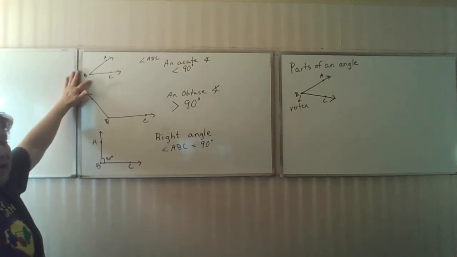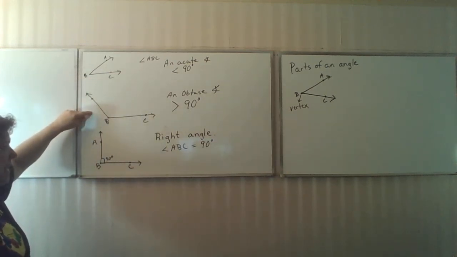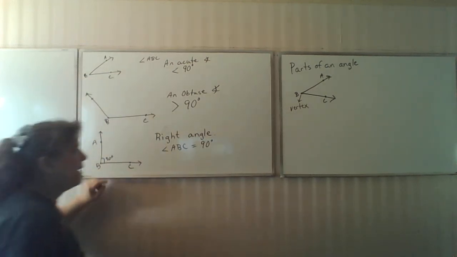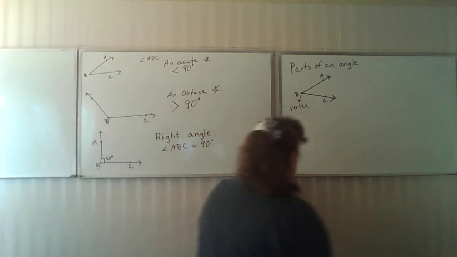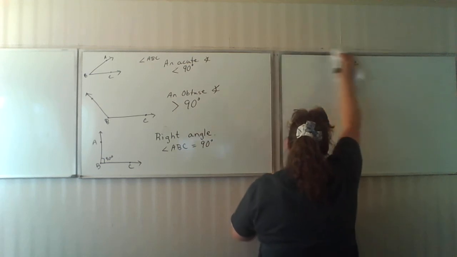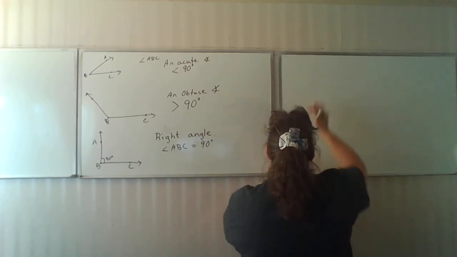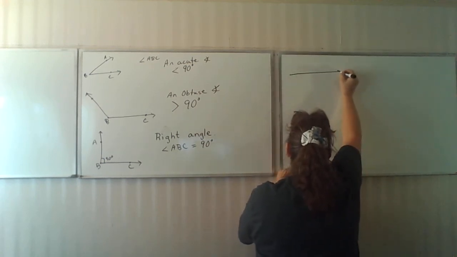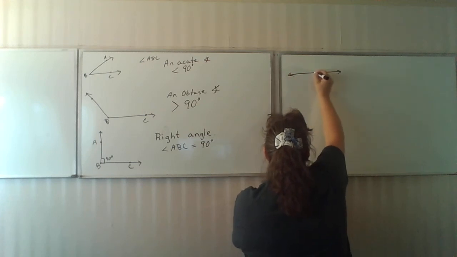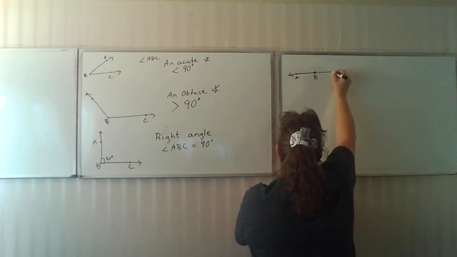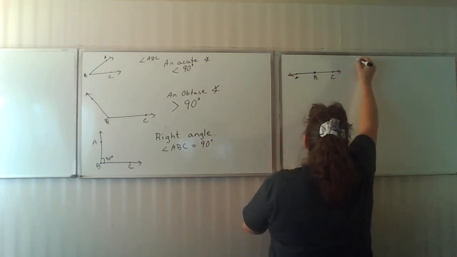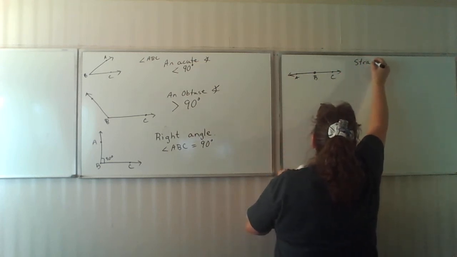We have an acute angle, we have an obtuse angle, and we have a right angle, and our last angle is called a straight angle. And a straight angle is nothing more than a straight line. Straight angle.